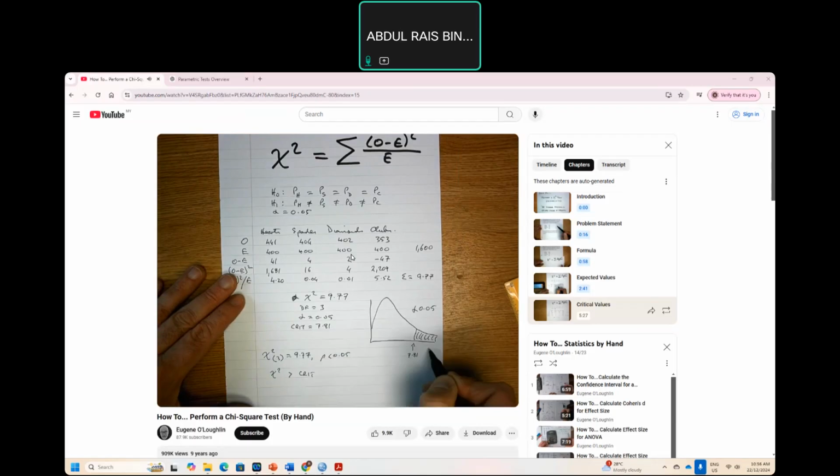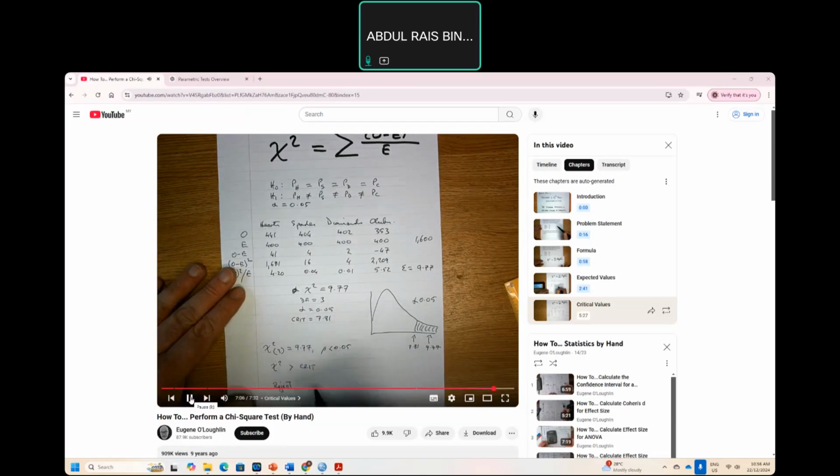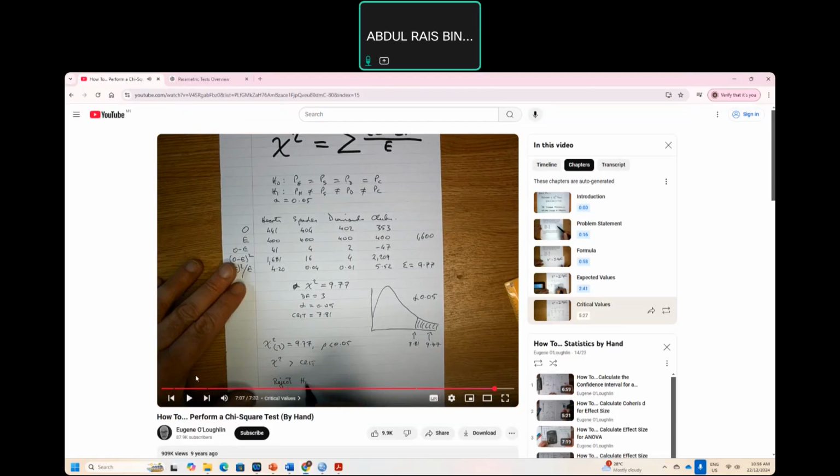So it falls into the rejection region over here, 9.77. So therefore our decision is that we reject our null hypothesis. Okay. Perhatikan chi-square, the calculated value lebih tinggi daripada critical value. Sama macam Kruskal-Wallis dan juga parametric test.